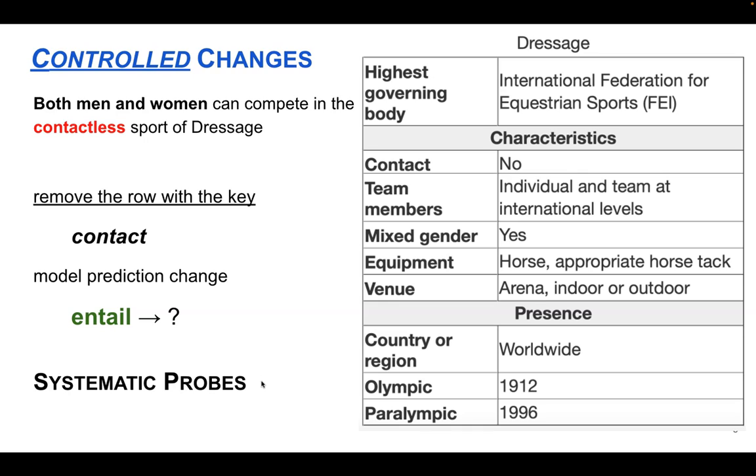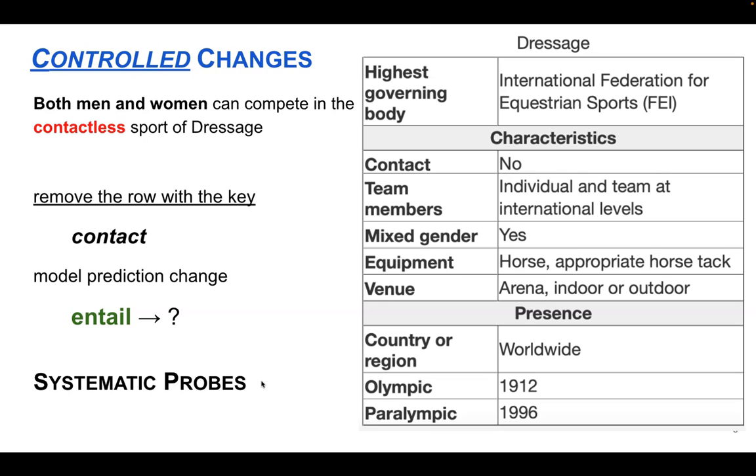So what we did is control probes, or control changes, in the premise or hypothesis. These are perturbations which we did so that the model prediction either remains or gets flipped. For example, one of the changes we can do is delete a row from the table. Let's say we delete a relevant row, for example the row corresponding to contact, and then see how the model prediction changes.